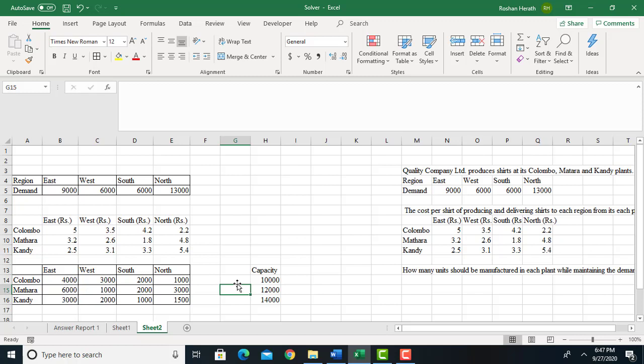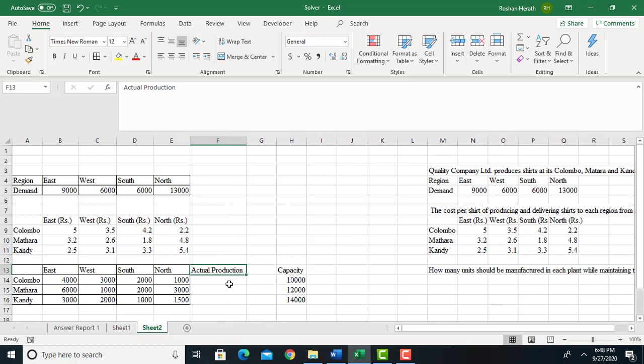Now if I take the total row-wise, I would get the usage against the capacity given. Or you can say it is the actual production. You know one thing for sure, actual production always needs to be less than the capacity.